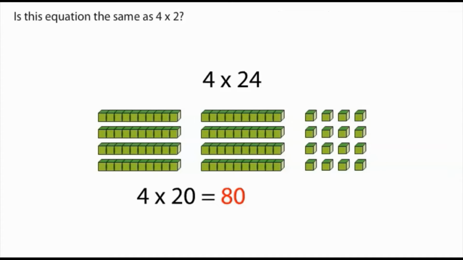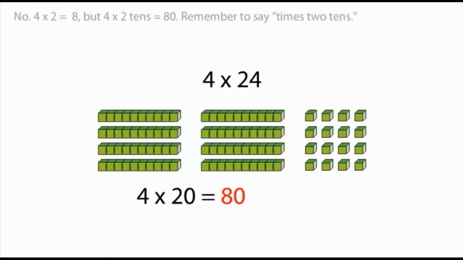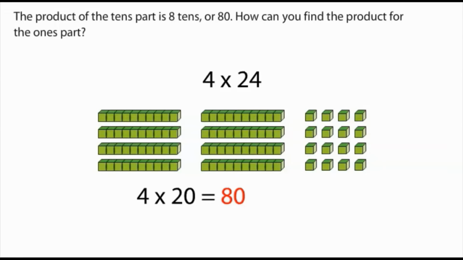Is this equation the same as 4 times 2? No. 4 times 2 equals 8, but 4 times 2 10s equals 80. Remember to say times 2 10s. The product of the tens part is 8 10s, or 80.